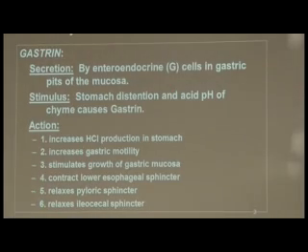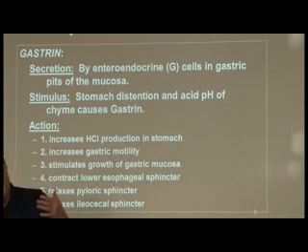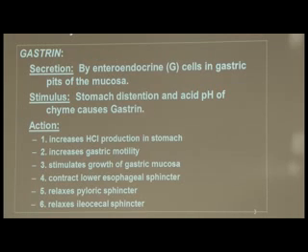So I've created charts for you that summarize all of the important components of the hormonal control. I've set them up in a similar pattern so you can think about it as a process. At the top there'll be the name of the hormone, for example on this one, gastrin.